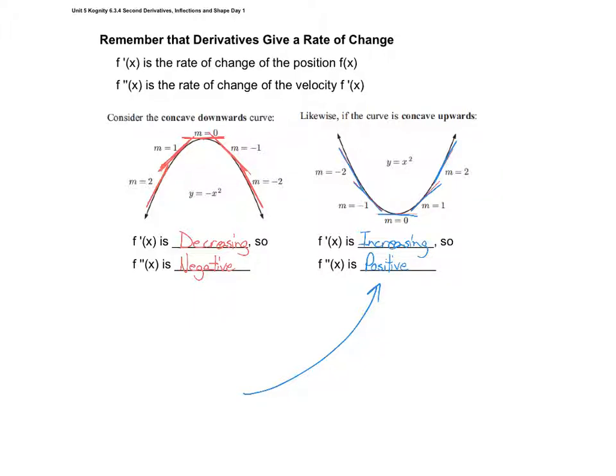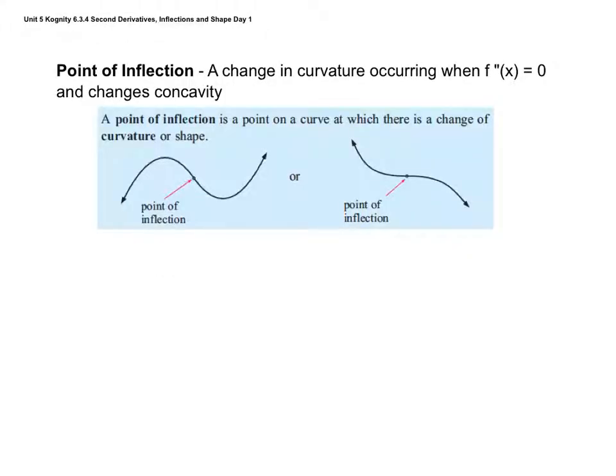All right. So, when we were talking about increasing or decreasing, we had critical points, and those critical points told us when we changed from increasing to decreasing. In other words, it changed direction.